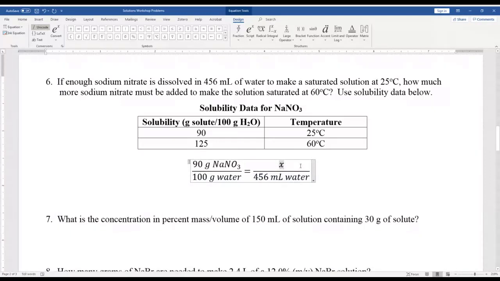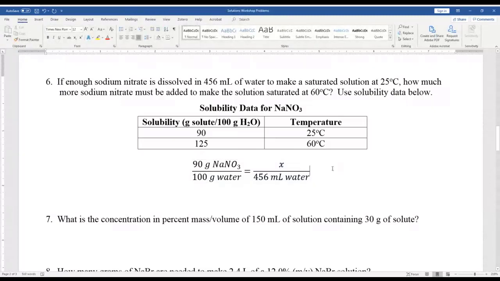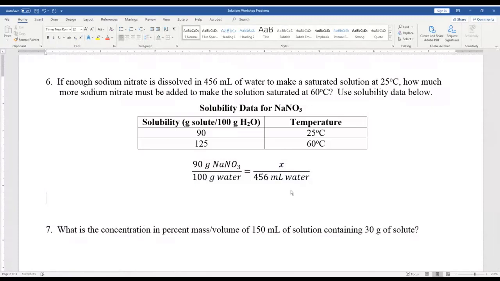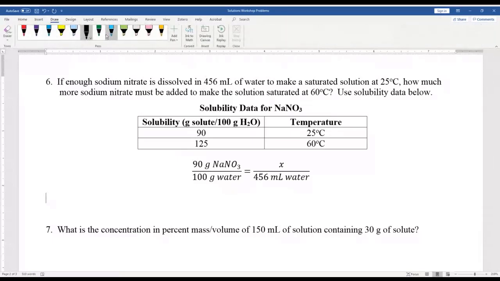And I'll be looking for the amount that can dissolve to make a saturated solution. So let's go ahead and cross multiply and tell me what you get. Very good. Now, did anybody have any trouble getting that answer, the 410.4?